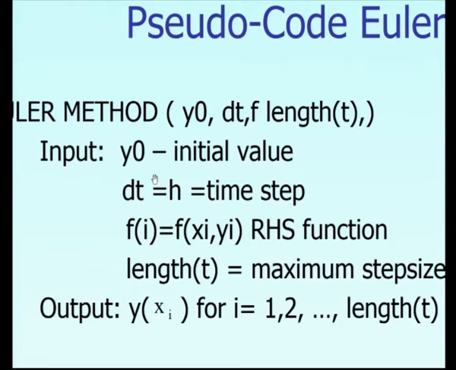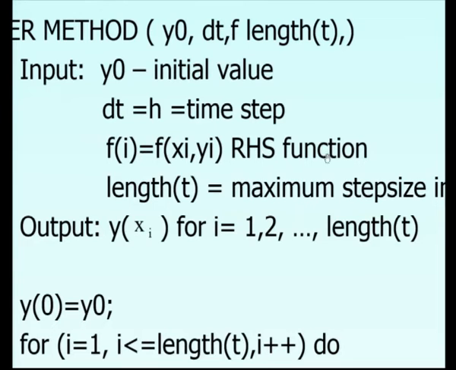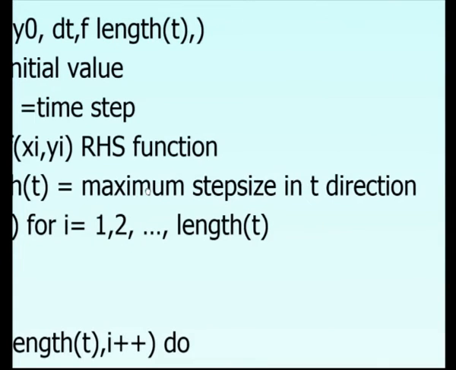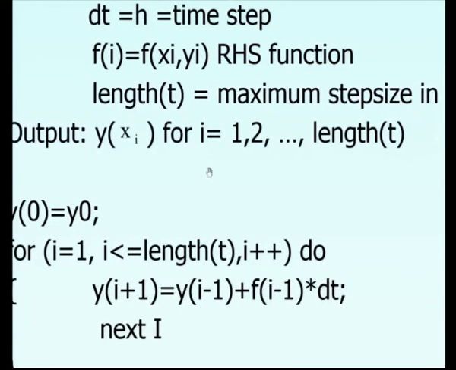The output is the y value at any nodal point x i, and x i is often called a nodal point and y of x i is the nodal value, and that we have to compute for 1 to the maximum number of steps.